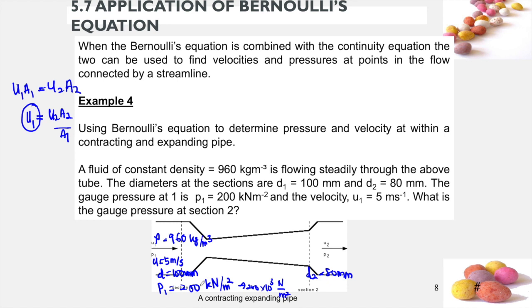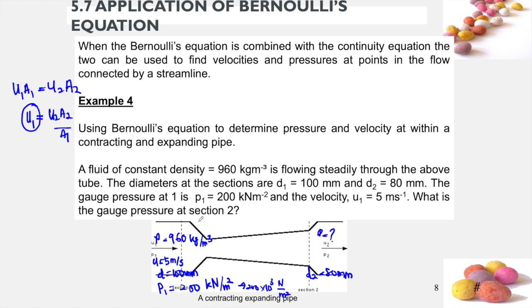Kilo is times 10 to the power of 3. So what is the gauge pressure at section 2? We have to find the pressure here.